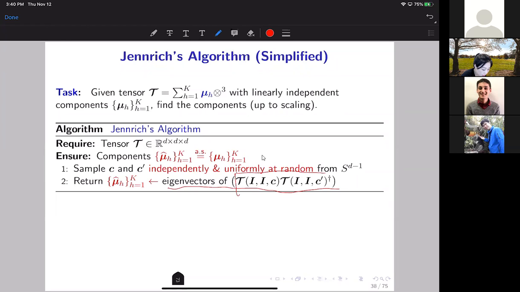So let's look at this tensor closely. So what is this tensor? This tensor has 2 parts. It has the first part, T(I,I,C), and the second part, T(I,I,C prime), but pseudo inverse. So let's first look at the dimensionality. What is the dimensionality of T(I,I,C)?